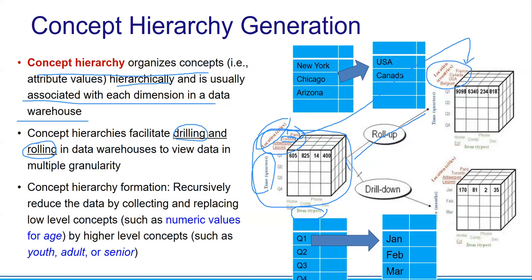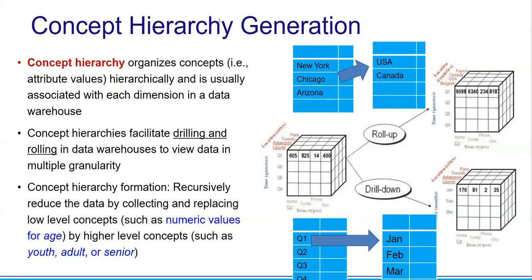Or I can drill down into some kind of details. For example, Q1, quarter one, is time, and I can drill down into particular months, for example January, February, and March. So with these two concepts, we have the concept hierarchy generation, and we can discretize.